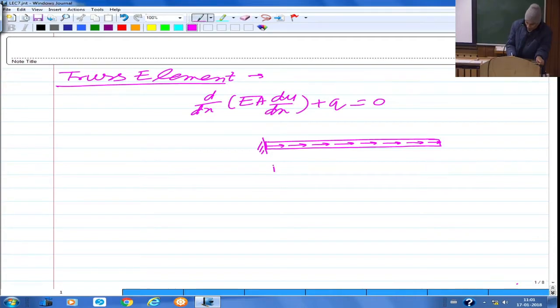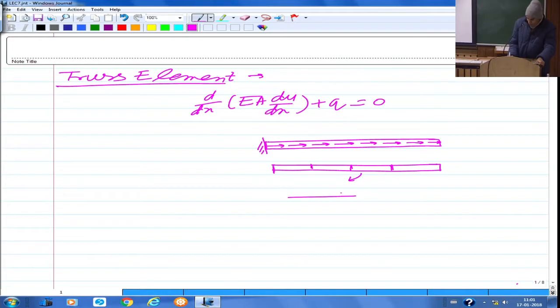So we discretize this into a number of elements, and then we were trying to derive the equations for one particular element, with a local element coordinate system. So we consider this particular element, and I had drawn its free body diagram, and there is of course the distributed force which is acting on this.